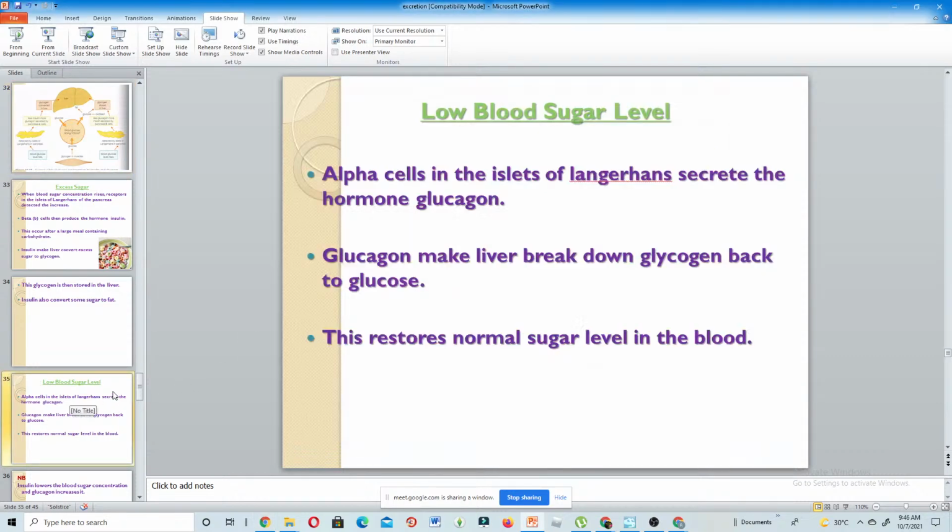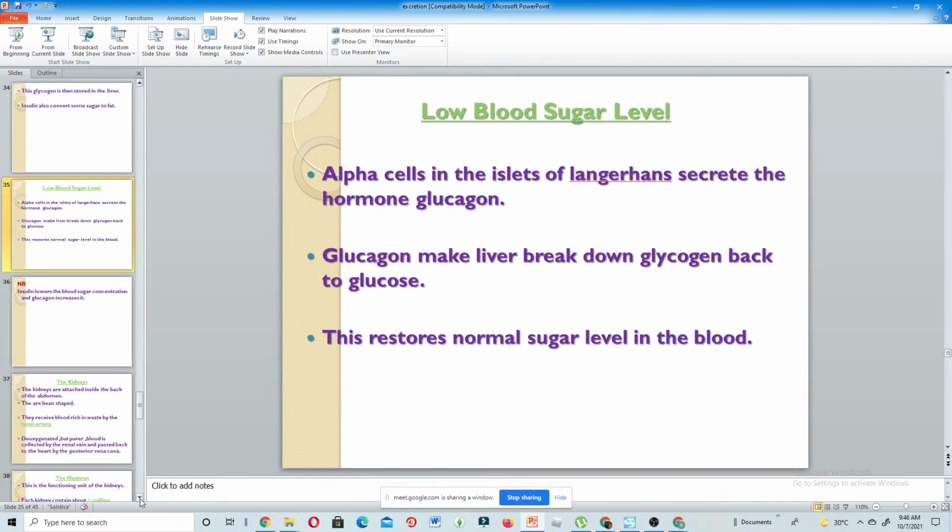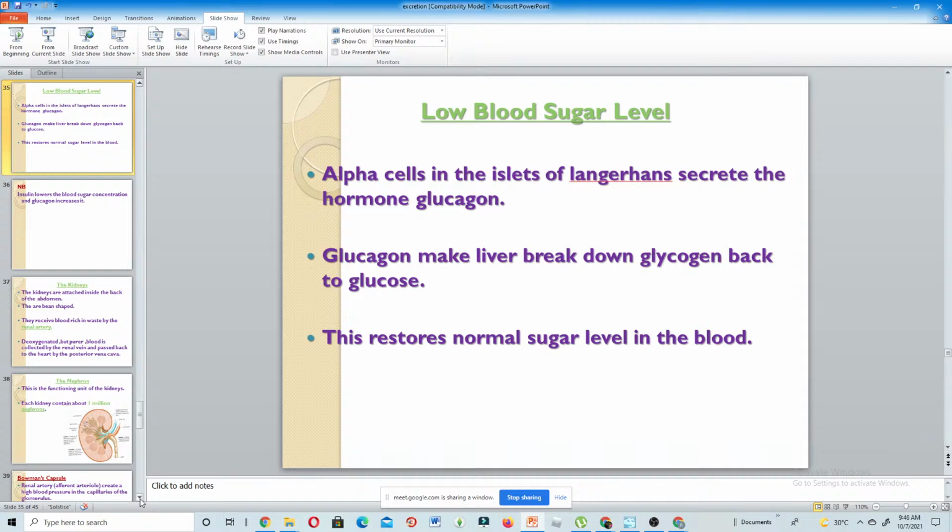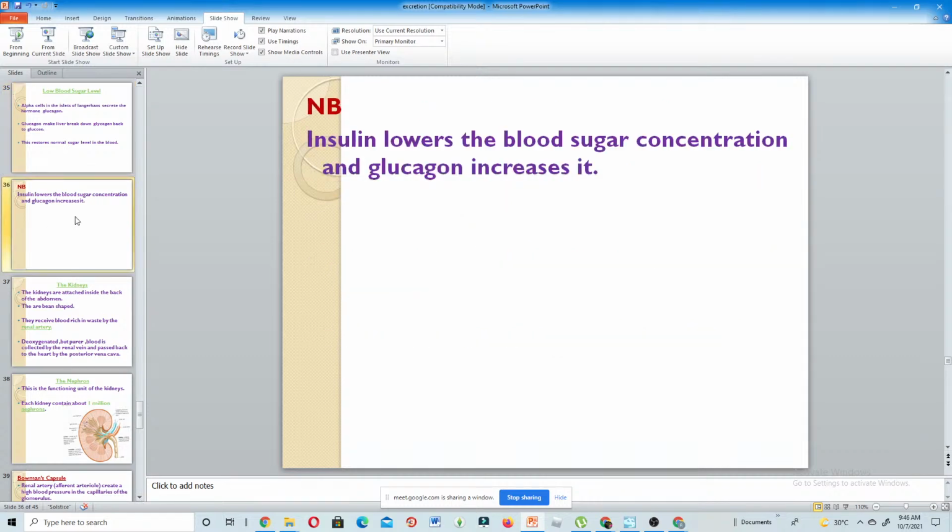All right. So the notes there are basically what I would have explained. With those two hormones, insulin and glucagon, the NB is saying that insulin lowers the blood sugar concentration and glucagon increases it.